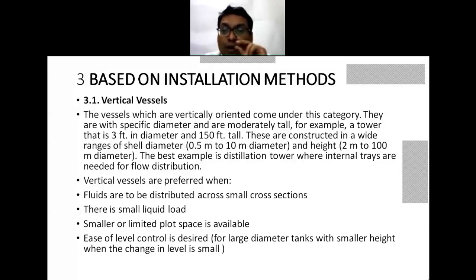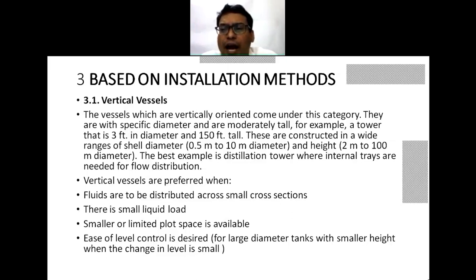In distillation columns or absorption columns, the process itself requires that there should not be a horizontal increase in the diameter, because the loads are less, and in every step of a distillation column the purification increases, which is why we increase the number of plates for purification of the product.